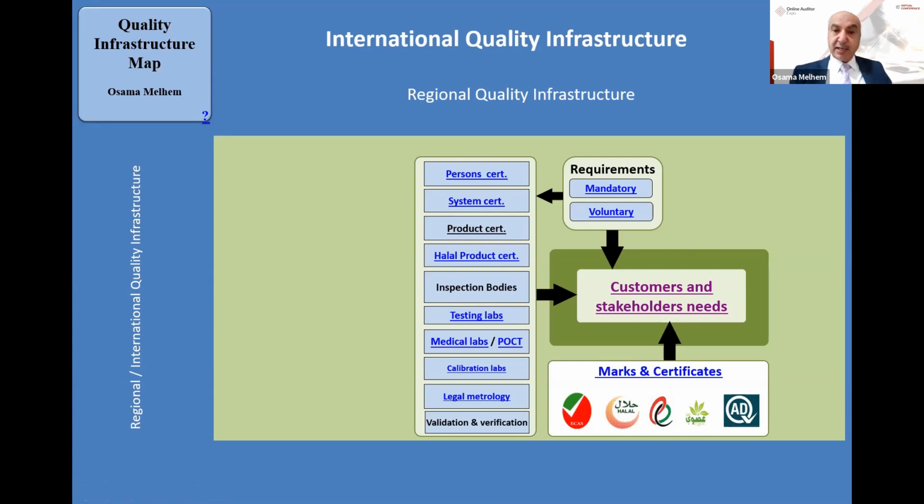Now, some products, when you install them, you cannot operate until somebody inspects these plants or equipment and confirms they are safe to be used. For example, if we have a mobile crane or tower crane, once you install the tower crane, you cannot operate it unless you get a certificate from an inspection body that this tower crane is safe for use.